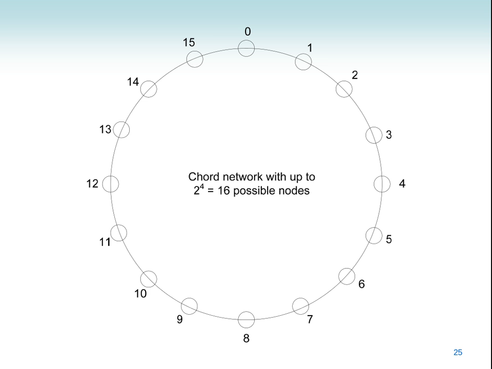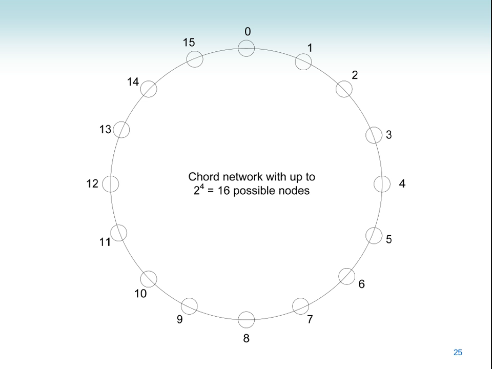So let's see how that works. Assuming all nodes are there, node 0 is looking for key 13. If node 0 is looking for key 13, it should be on node 13. Node 0 has 4 routes to nodes 1, 2, 4 and 8. Which one's closest to 13?